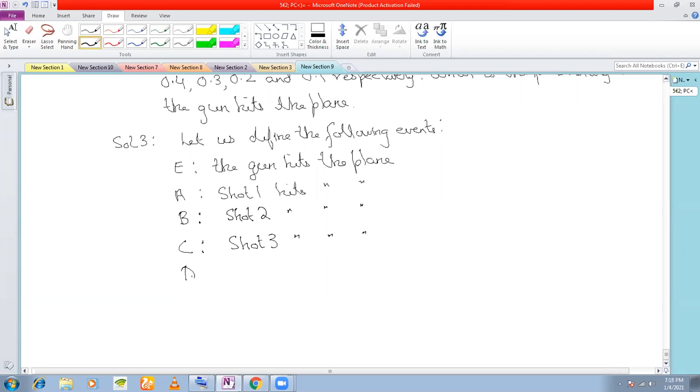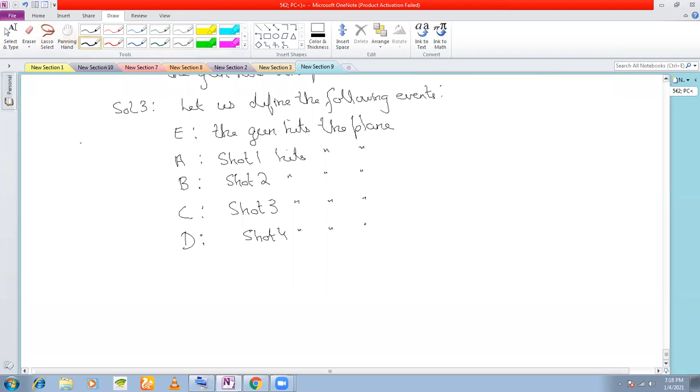And the fourth event is D, shot 4 hits the plane. Therefore, what is E? Therefore, E must be equal to A union B union C union D.